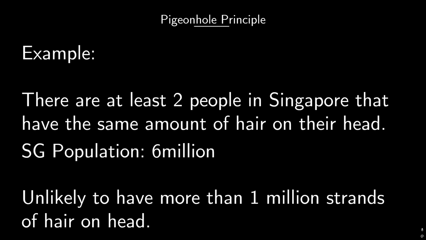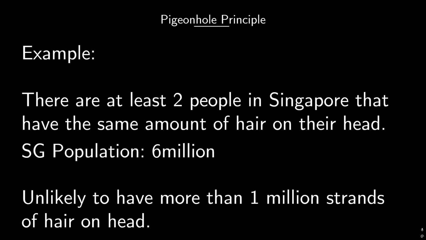So think of it this way, right? If we treat people as pigeons, and we're gonna send them to a pigeonhole. Okay, so which pigeonhole do we send them to? Think of it this way: we're gonna count someone's hair. If they have 5 strands of hair, they go to the pigeonhole that has number 5. If you have 1,000 strands of hair, you go to the pigeonhole that has number 1,000.